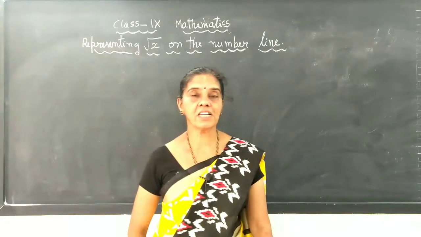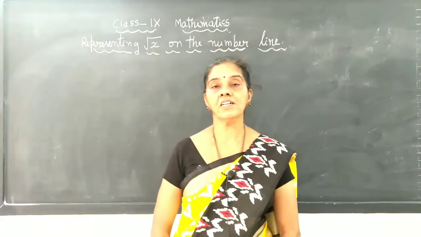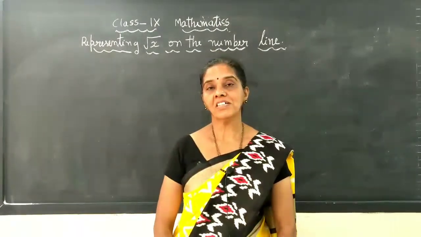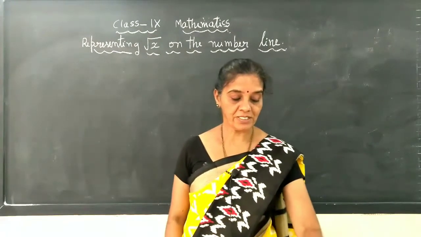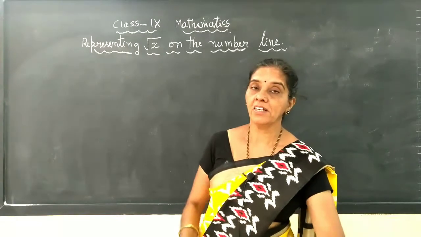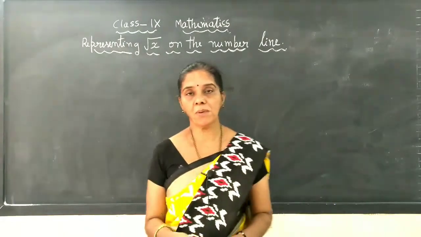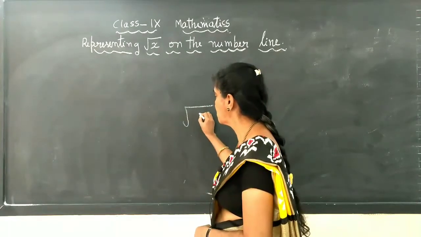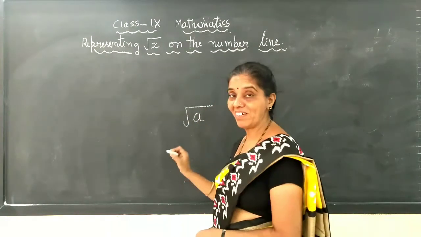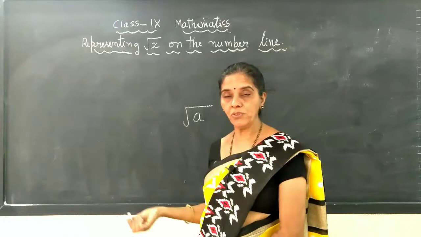Dear students, in the last class we have studied how to rationalize the denominator. That is, if you have any denominator in the form of square root of some number, say a, how to rationalize.